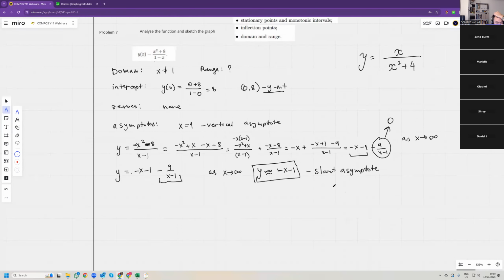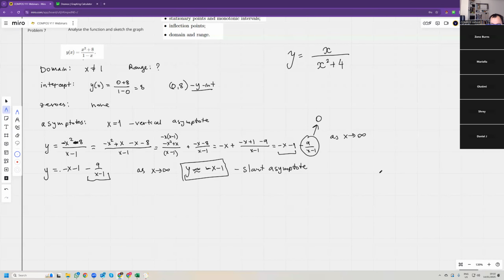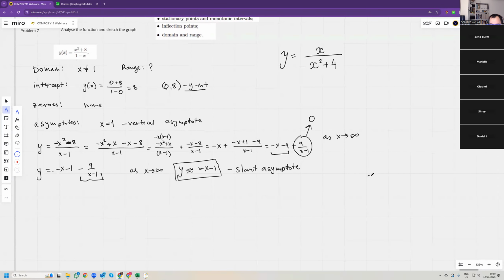Okay, that's interesting. So what do we have so far? I think I can only do one graph today, so apologies for that. So I have a vertical asymptote at x equals 1.